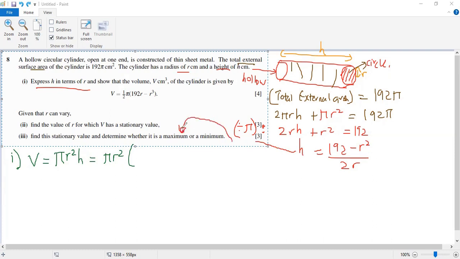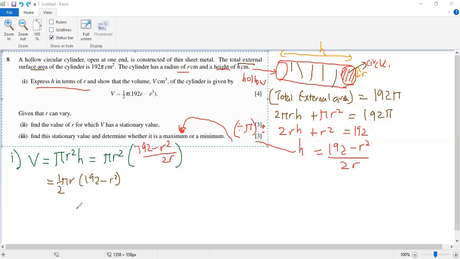So we substitute the h: 192 minus r square over 2r, sorry, I just missed the r there. So we need to calculate it now. There's a reduction. Here we can see that the r and r can cancel off. So pi r outside over 2, 192 minus r square, the whole thing over 2. Put the 2 in front.